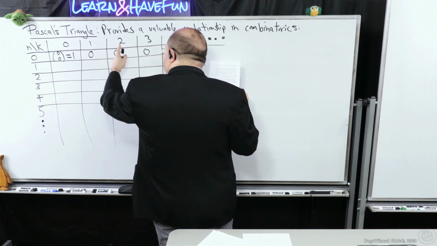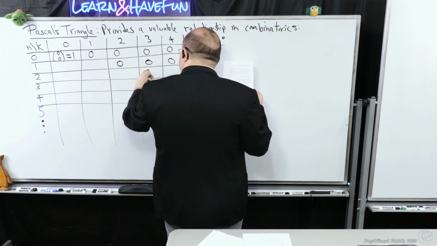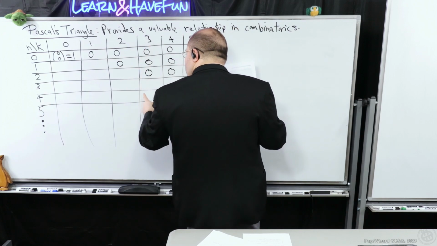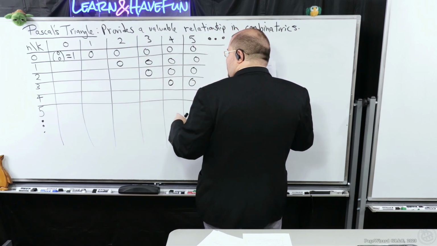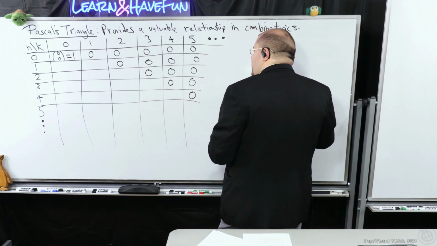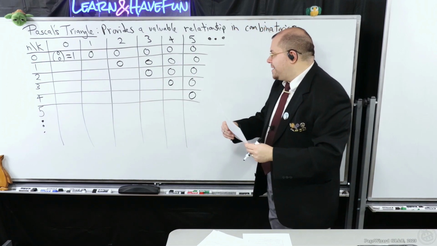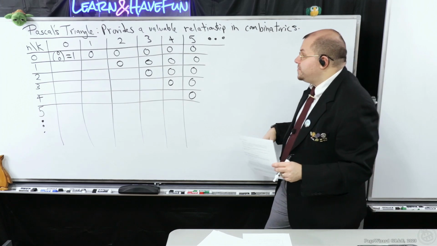So notice that 2 is greater than 1. 3 is greater than 2. 4 is greater than 3. And 5 is greater than 4. So you know all those are going to have zeros. In fact, this will continue going on forever in these rows of zeros.